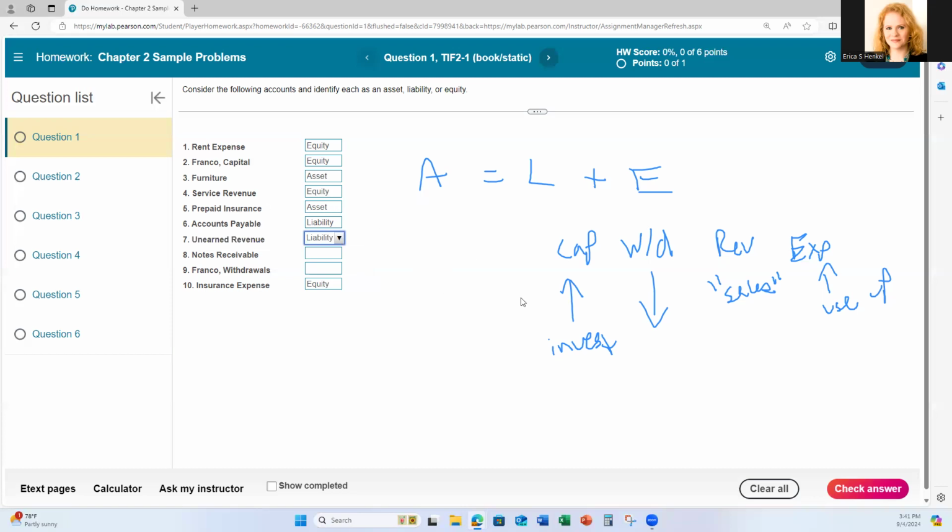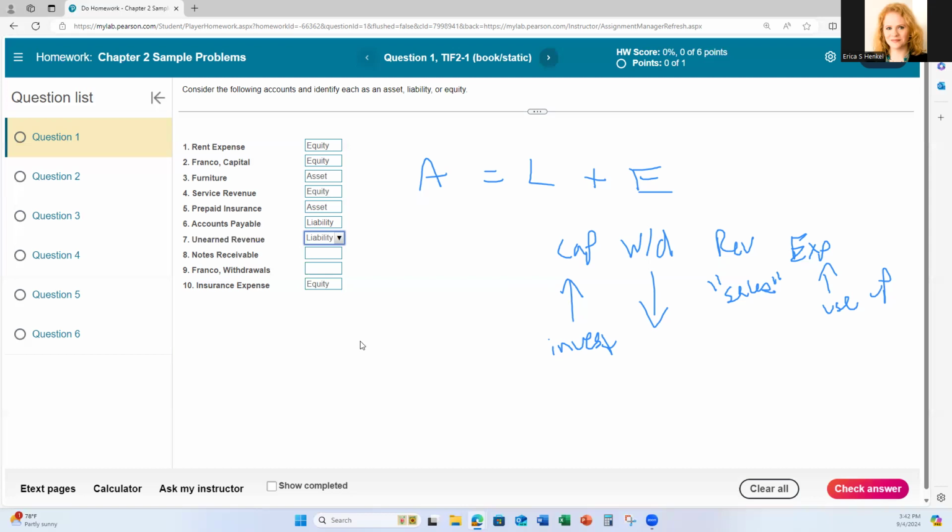If I'm an insurance company and someone prepays me for their insurance, in that case, I would have unearned revenue. So prepaids and unearned revenue are like opposite sides of the coin. Prepaid would be I pay someone else and they owe me. And unearned would be I'm the person who receives the prepayment and I owe somebody performance on that.